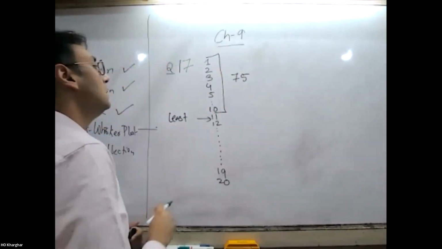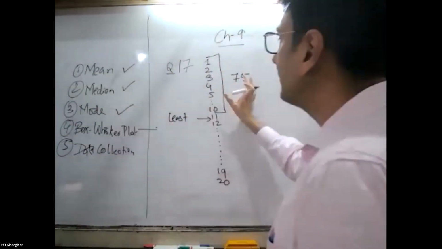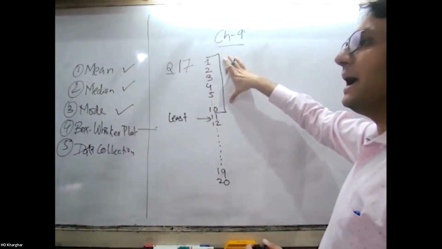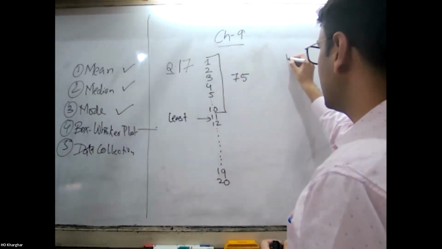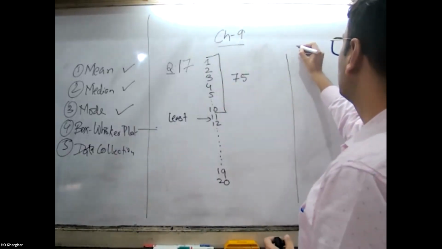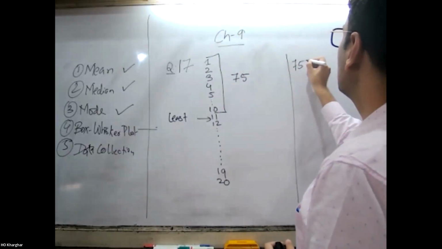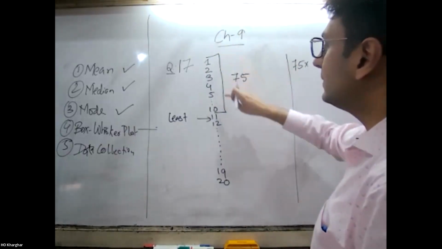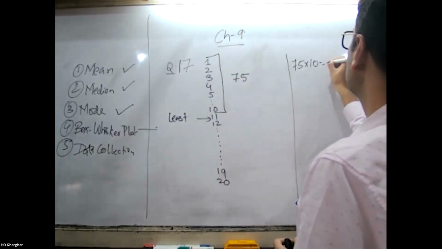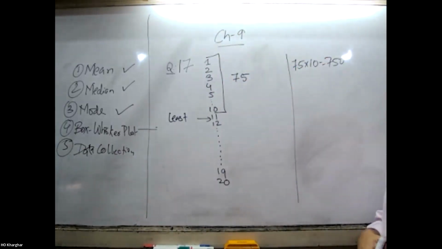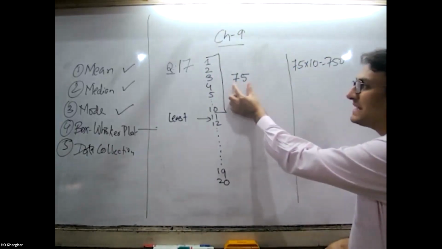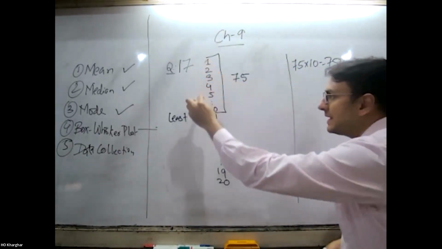Okay, let's solve this. If the average score is 75 from the first 10 ratings, and each rating could be between 0 and 100, can I say the sum of the first 10 ratings should be 750? Because I have a mean of 75 from 10 ratings.